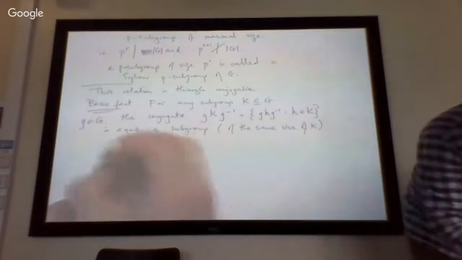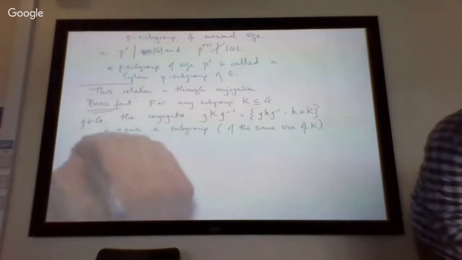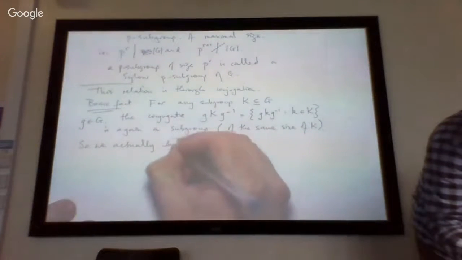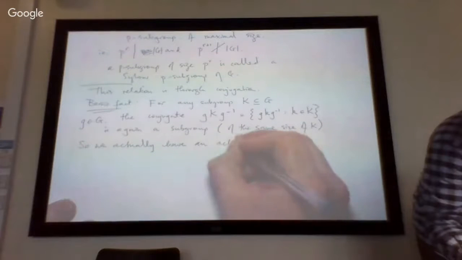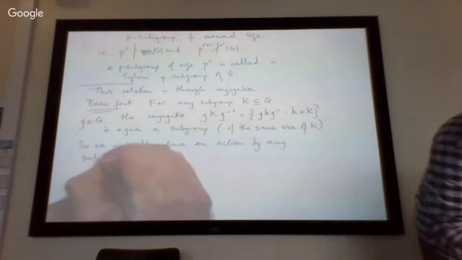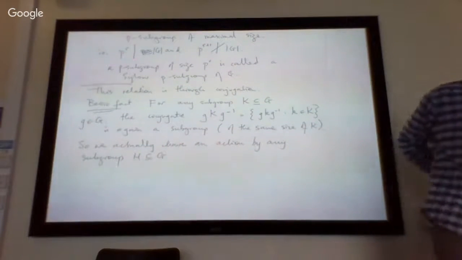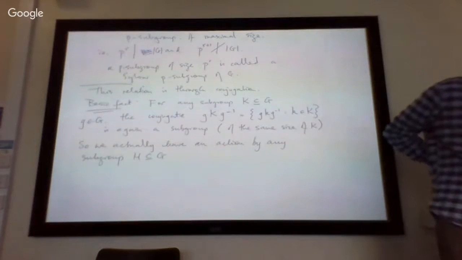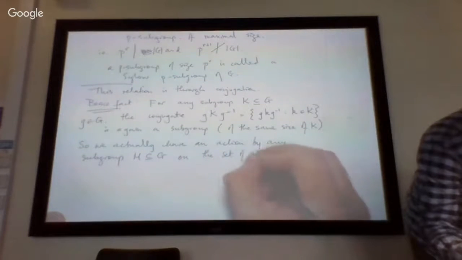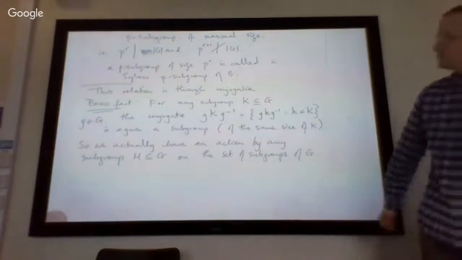And so we actually have, and this is what he introduces at the bottom of page 242, so we actually have an action by any subgroup, say H contained in G, on the set of subgroups of G. Okay.